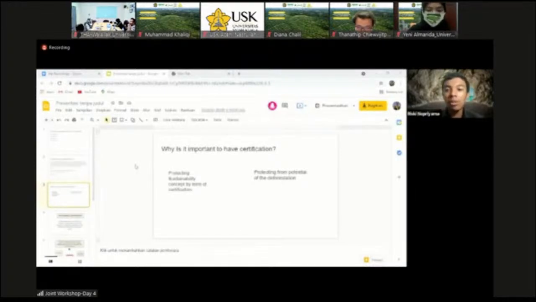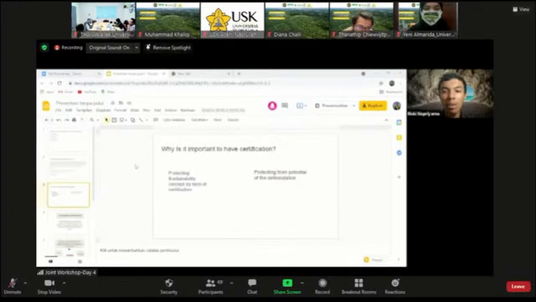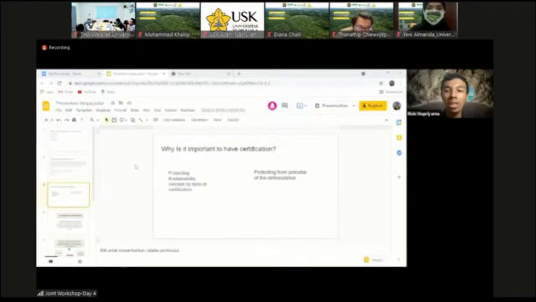In Indonesia, we have national policies as well, such as Indonesian Sustainable Palm Oil, ISPO, and Presidential Instruction Number 8 of 2018. It is just an example of how the most important thing is to implement the regulations and policies that we have. Because of that, certification is important to make sure the sustainability concept is upheld and the potential harm is reduced.